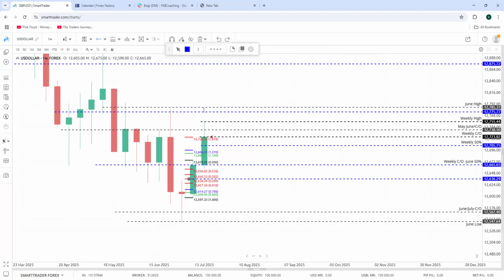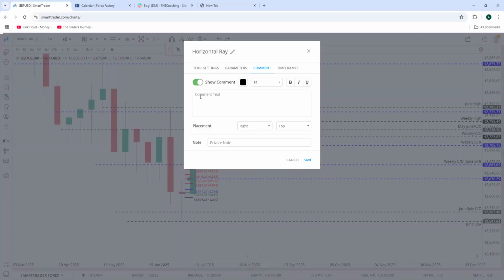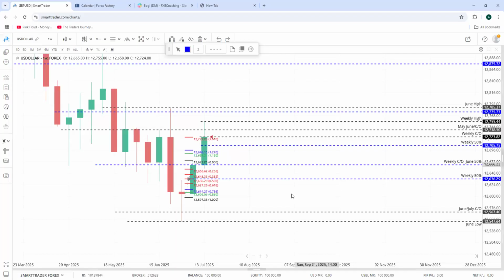And that is weekly 50%. In some cases, I would put previous weekly 50%, right? So, you just put weekly, but if you need to know what it is, just go back to the weekly and check it. It's not that bad, really. Here we go.